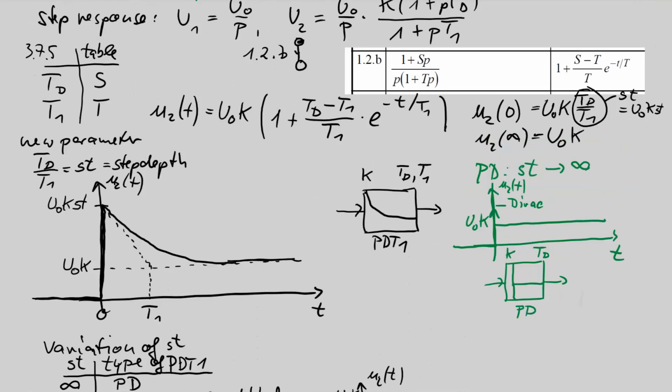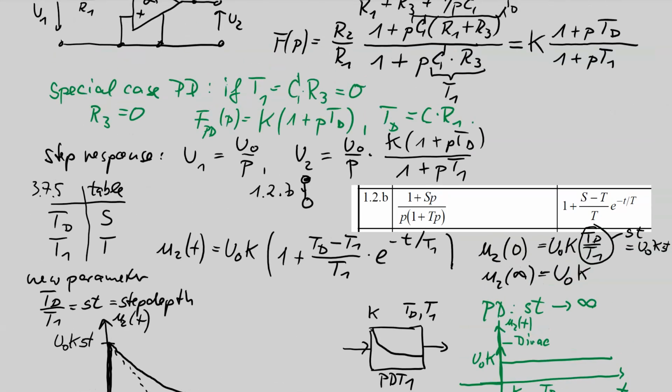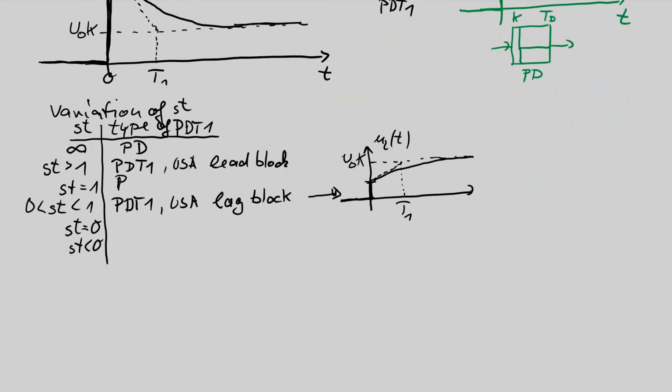What happens with step depth 0? Let's look. The step depth 0 means Td is 0. If Td is 0, we have a function here, K divided by 1 plus PT1, and that is a well-known block function which we called PT1.